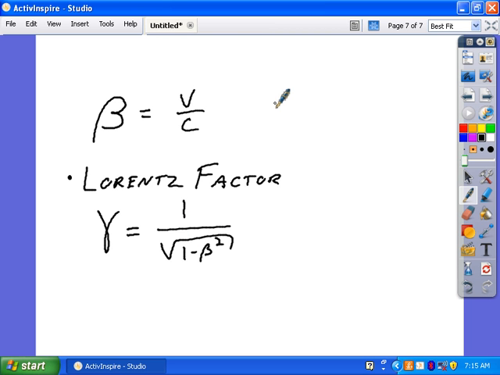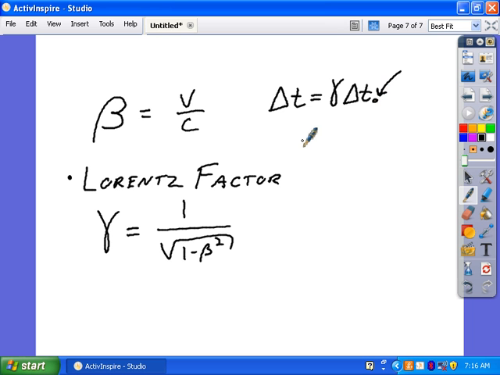So what this means is the overall change in time for a different reference frame equals gamma, or the Lorentz factor, times the original time observed. Even though this zero is normally called naught, what I like to call it is observed when we're talking about this relativity stuff, because it makes it easier to understand what's going on.